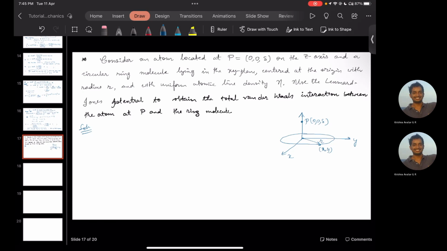So our uniform atomic line density is eta.